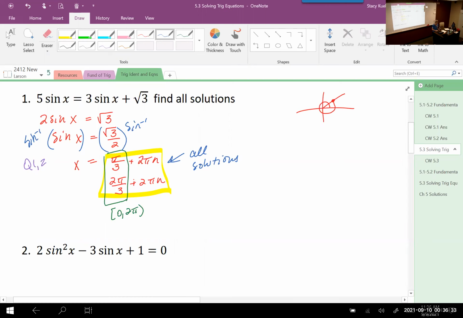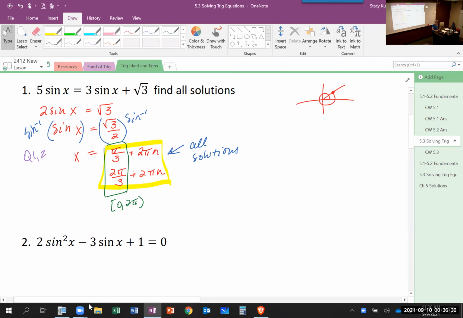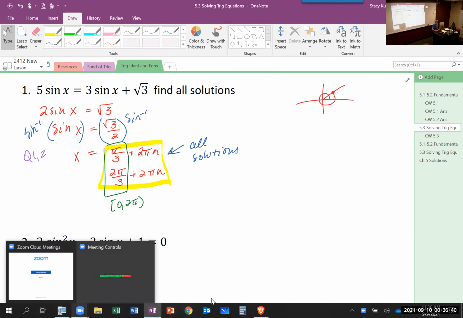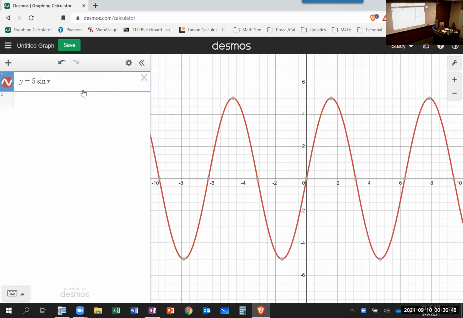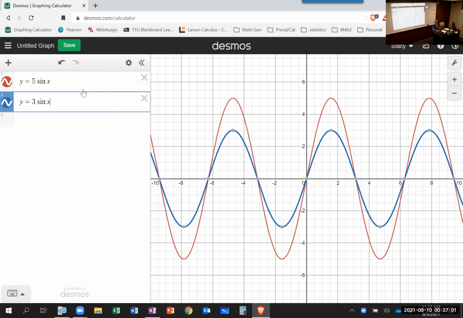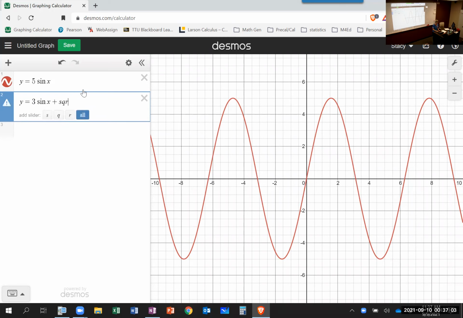So if I go to Desmos or your graphing calculator, whichever one you want, and type in y equals the left-hand side, which was 5 sine x, and then the other side was y equals 3 sine x plus the square root of 3.